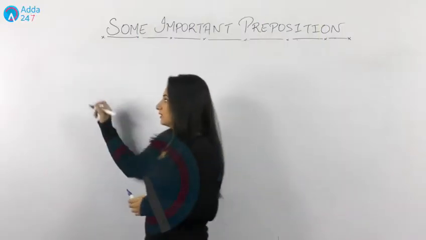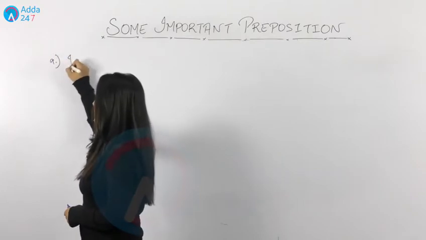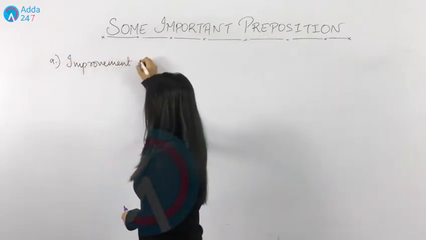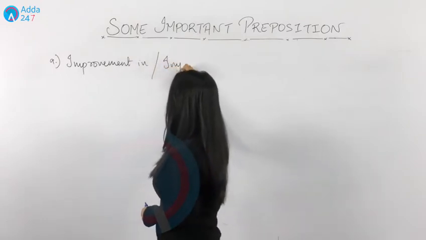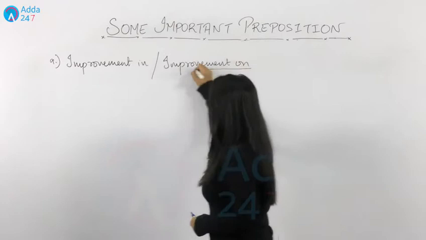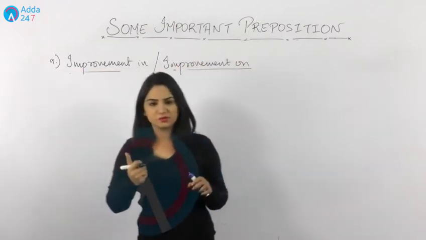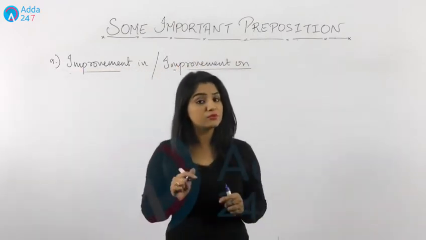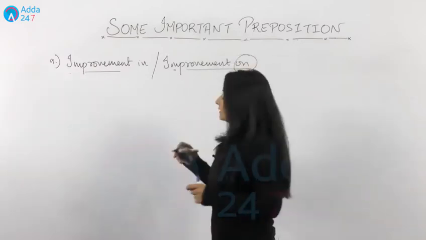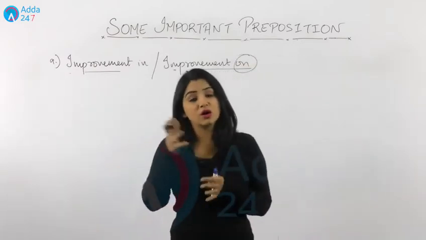Now the ninth one that we have is, it says improvement in and improvement on. Now, can you tell me what is the difference between these? Improvement in and improvement on. What did I tell you? When we talk about on, there is an improvement on something.